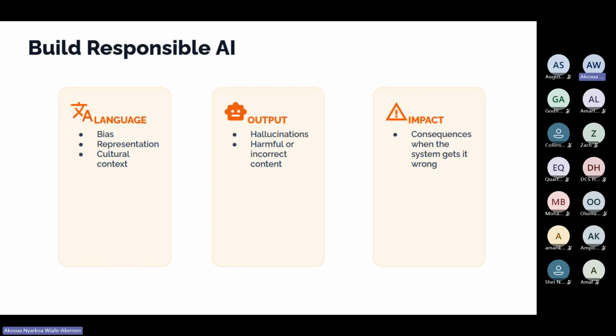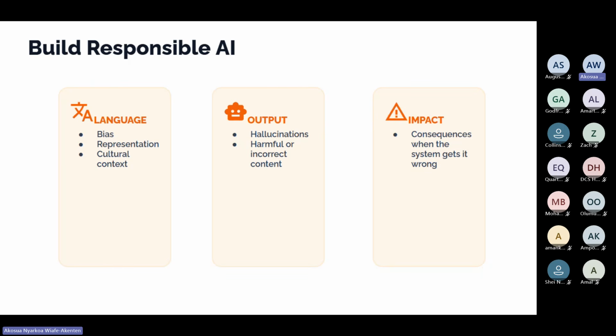Moving on, I would want us to consider building responsible artificial intelligence systems. This is a section that is usually overlooked. But when you're building an AI system, particularly one that is going to be used by real people, your responsibility shouldn't end when the model produces an output.